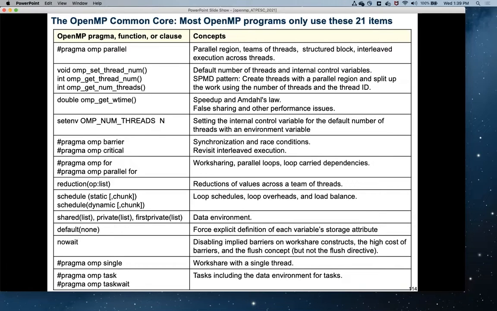You create threads of parallel. Those three runtime library routines: set thread num, get thread num, get num threads. Timing. There are a few more environment variables, but we've only talked about the one that people use all the time, OMP_NUM_THREADS. In fact, people almost never use set thread num. You don't put in your program asking for the number of threads. You leave it to the environment running the program. You know how to synchronize now with barrier and critical. That's cool. And you got some work sharing with loop. So I think we got this, right?